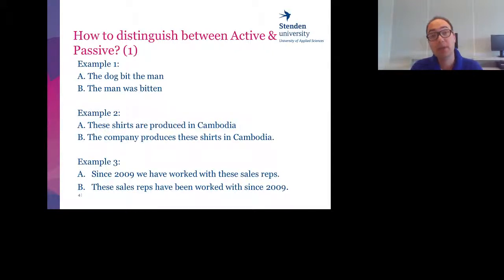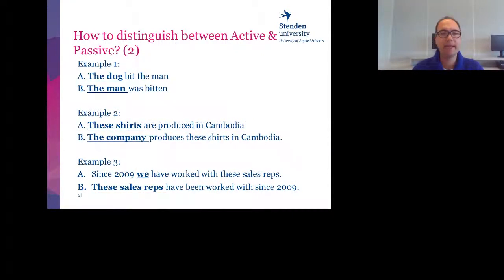We actively have been doing that from then till now, present perfect, something we discussed in the previous class. And then in B, they have been worked with, they refers back to the subject, the sales reps. They didn't do anything themselves, but the collaboration was instigated by us, by we. So the by us, that's not important.